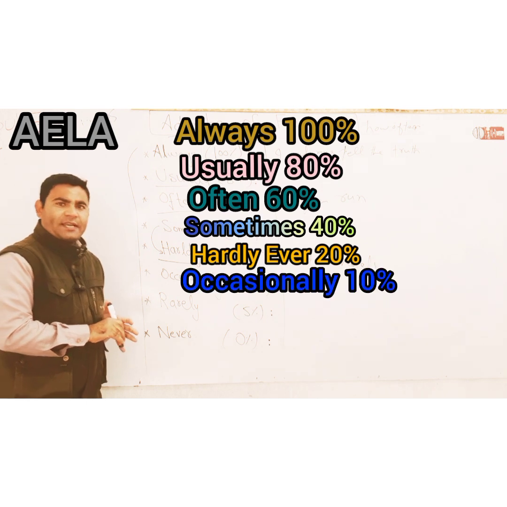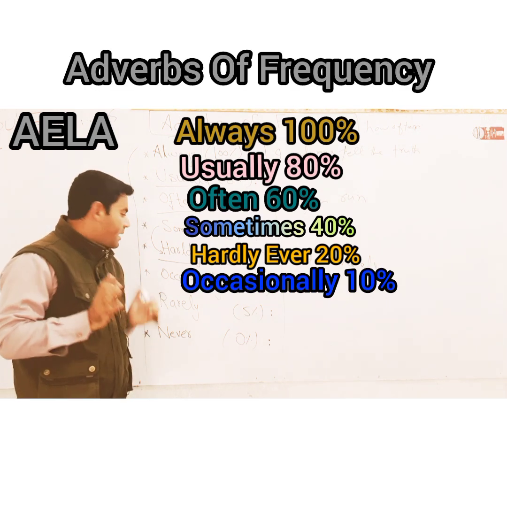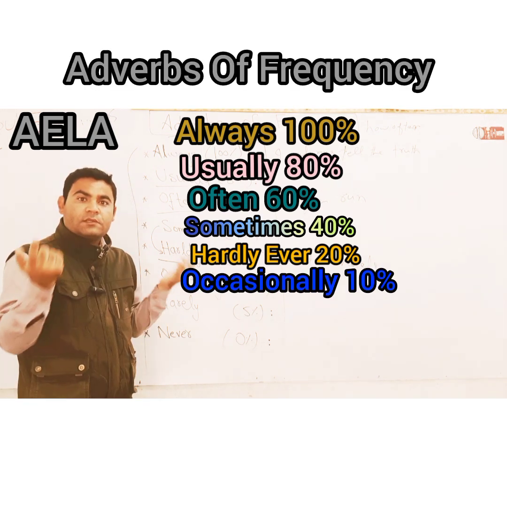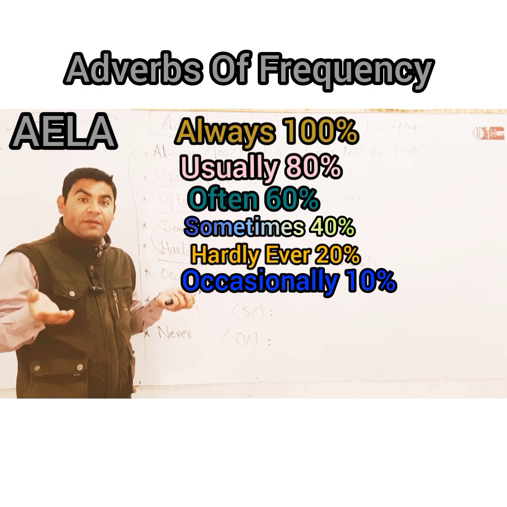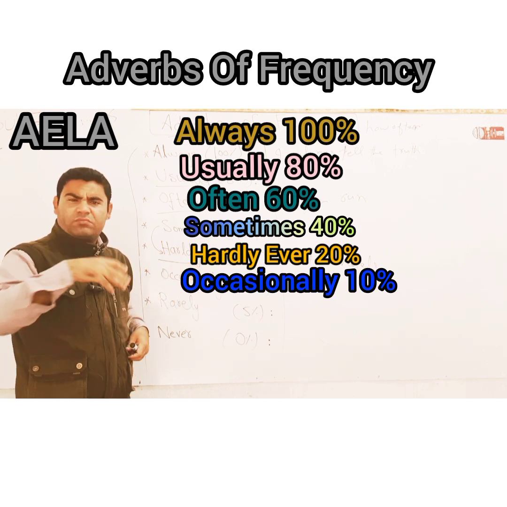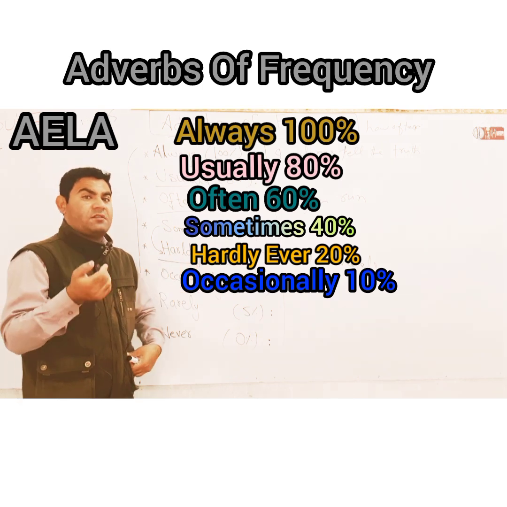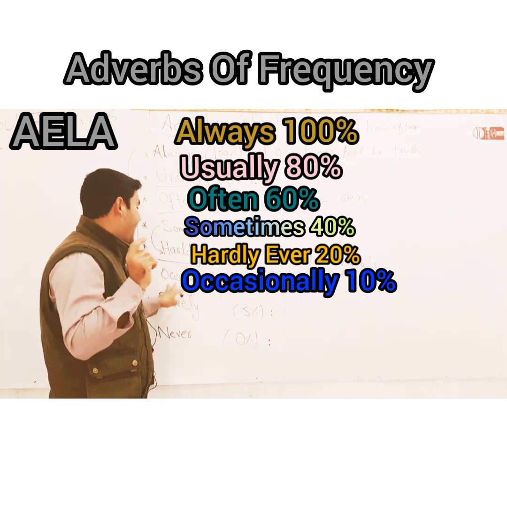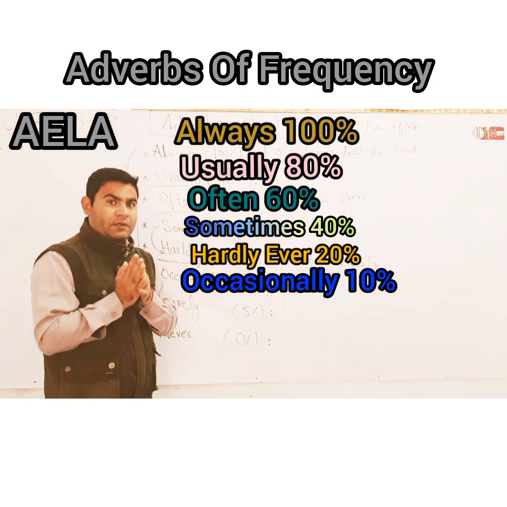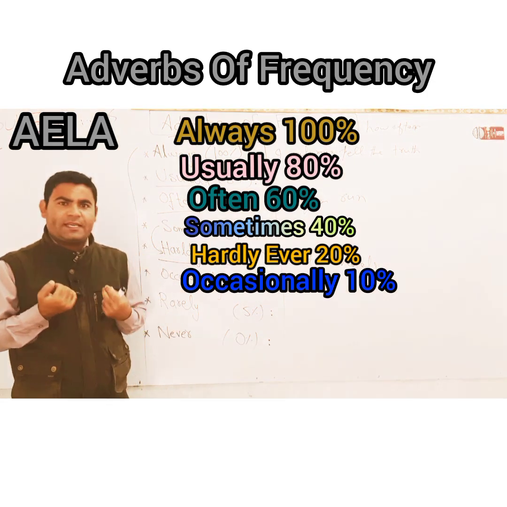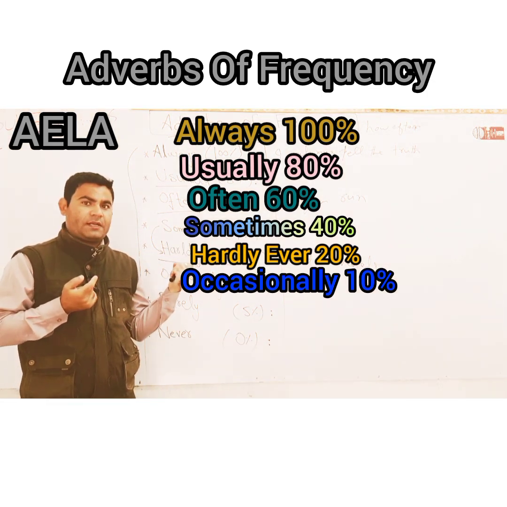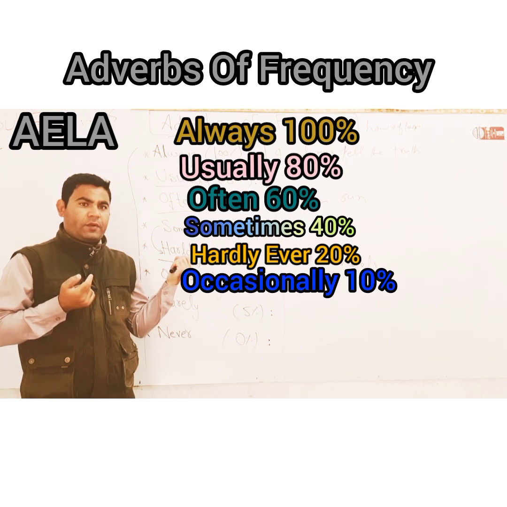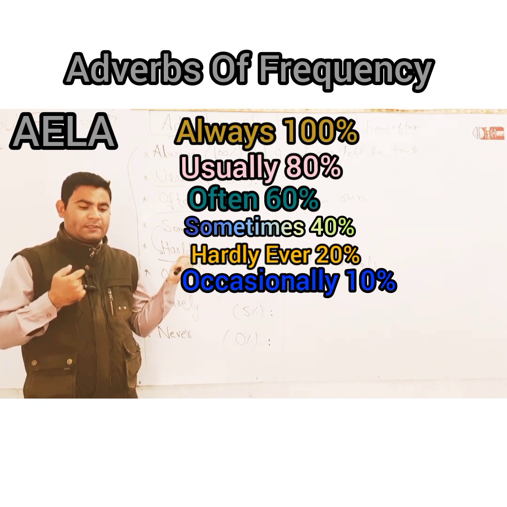Now occasionally, maybe once after 5 months, maybe once a year. Okay, you can say once a year also. Occasionally, once a year. For example, I occasionally go out of city, because I remember last time when I went to Lahore, it was December 2022.